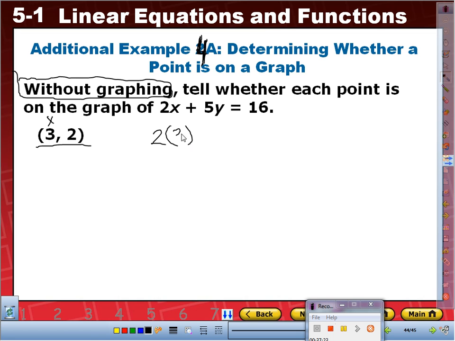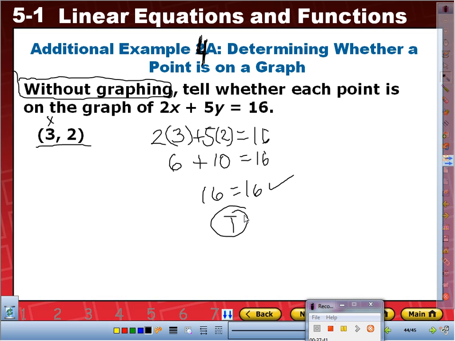So 2 times 3 plus 5 times what? 2 equals 16. What is 2 times 3? 6. That's 10 equals 16. 6 plus 10, that's 16. Is 16 equal to 16? Yes. When this is true, then you say yes, on the line. So what happens if this is false? No, it's not on the line. Simple as that. Everybody got it?